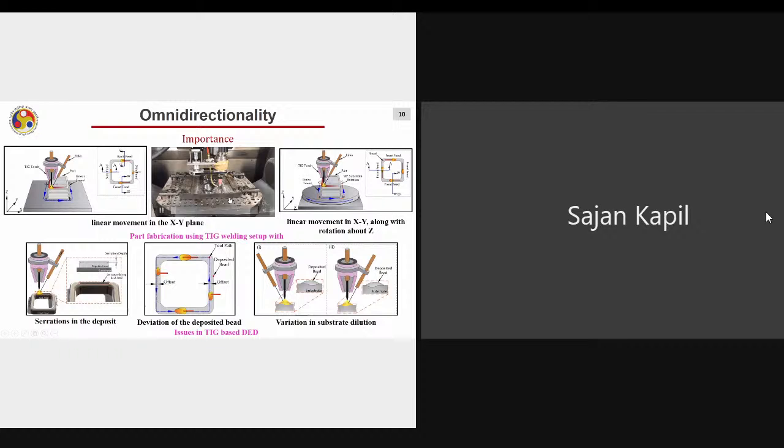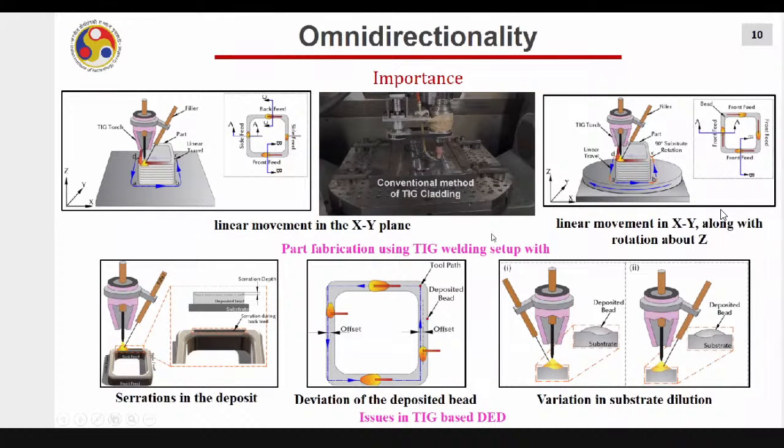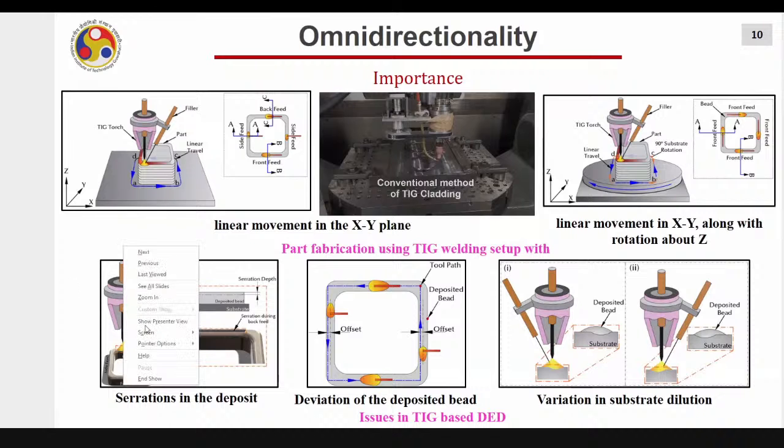Now let me show you some importance of this. You may draw more importance later on, but these are some we could highlight. For example, the non-consumable electrode based process, like TIG based wire arc additive manufacturing, tungsten inert gas based.